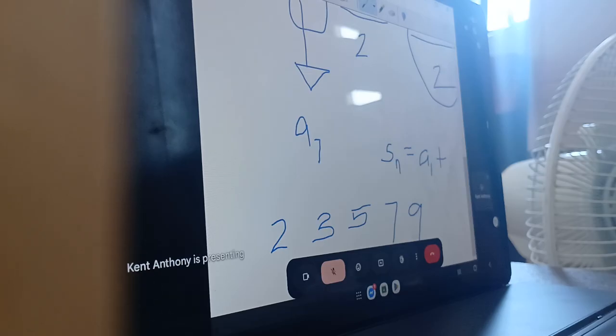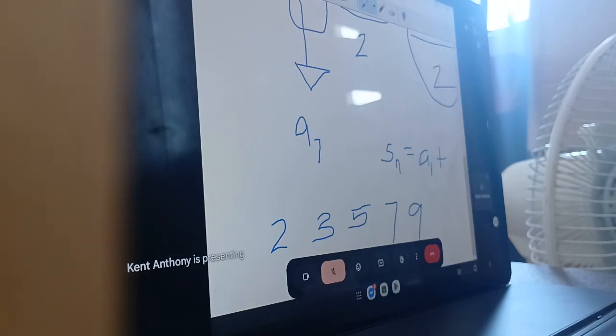Try to think what is the pattern. Is 2, 3, 5, 7, 9 the pattern?